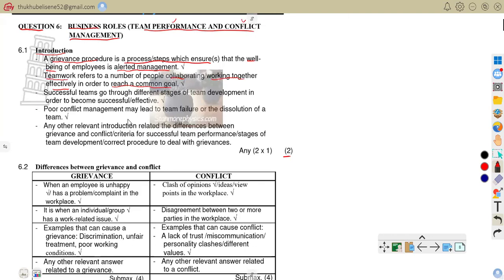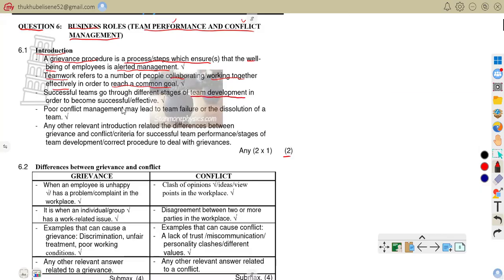They give out their ideas, opinions and views, sharing ideas that will enable them to reach the common goal. Successful teams go through different stages of team development.